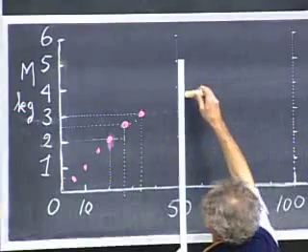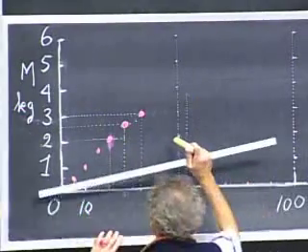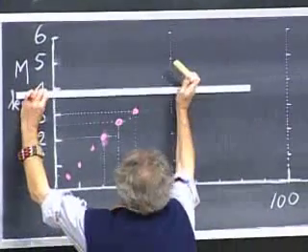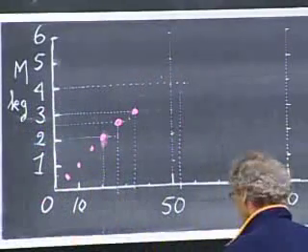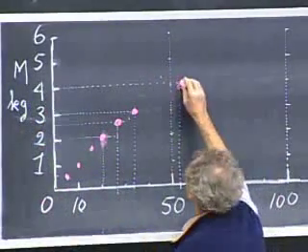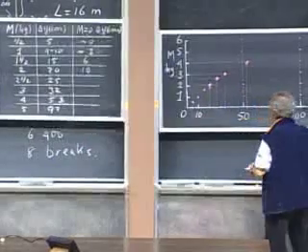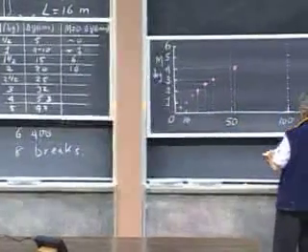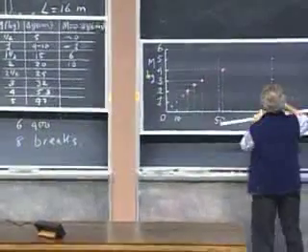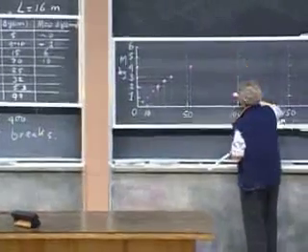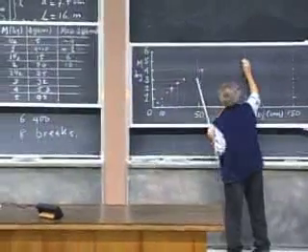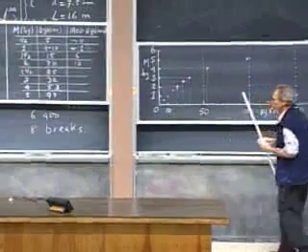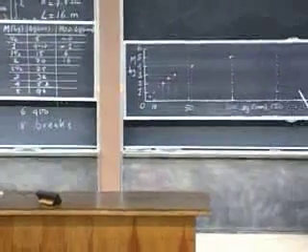There's no question. And then at 5, we have 97. Here is 5. 97, that's here. And then our last point, oh, we even have a 400 here.